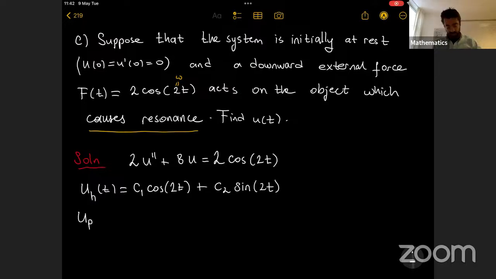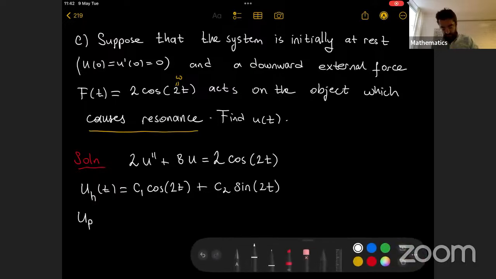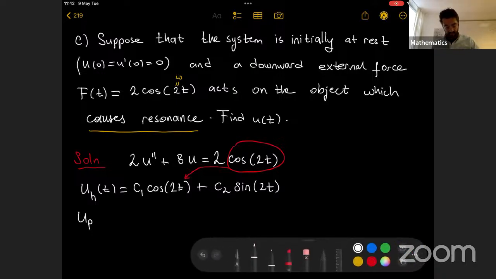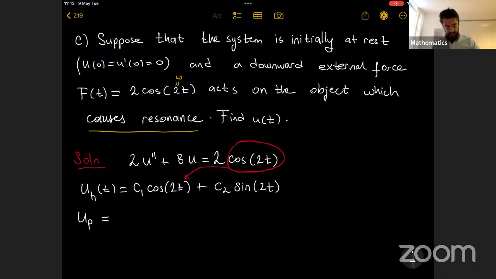Let's work with the particular solution, u_p. Well, here it's going to be different because this non-homogeneous part, cosine 2t, is the solution of the homogeneous part. That means we need to multiply this with t to get the particular solution. So it's going to be a times t times cosine 2t, okay?